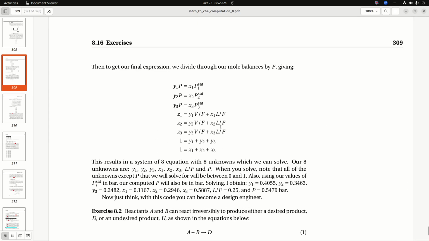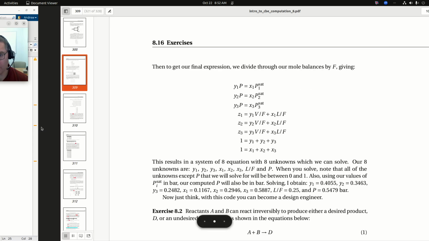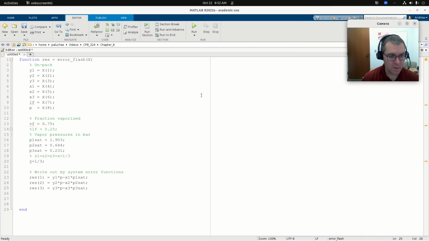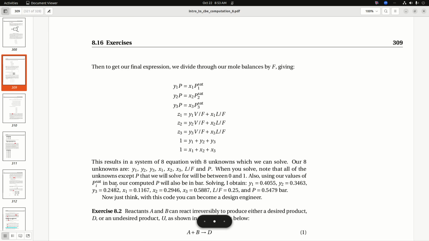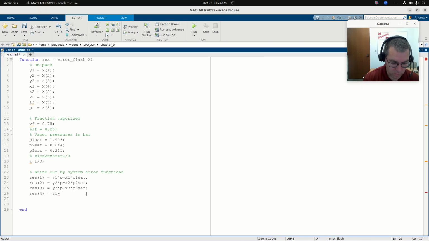Next I have my mole balances, and I call this V over F. So I'm going to bring my right hand side over to the left. This one will be res4, which is equal to Z1 minus Y1 times VF, which I called V over F, then minus X1 times LF.